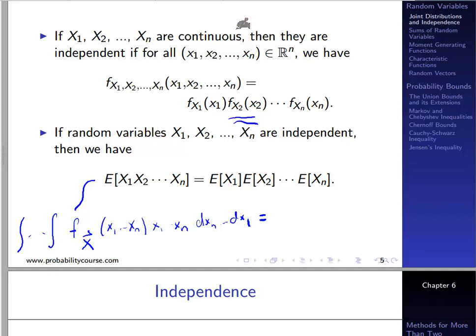If I pull this factor out together with the x2 here and integrate by dx2, I get a second factor. So I can write this as the product, from i equals 1 to n, and for each one of these variables I'm going to have an integral from minus infinity to infinity.